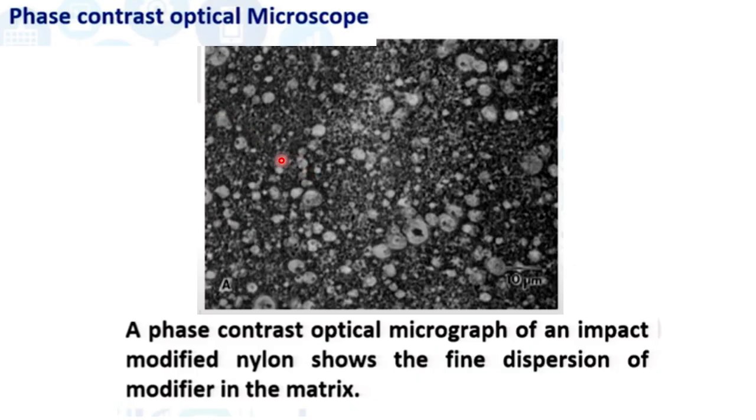Because of this phase contrast, you are getting the bright images, and those bright particles are basically the nylon, and black is the matrix or rubbery particle. When the fiber has a high crystallinity, it will scatter much more. That's why you are getting a bright type of image.